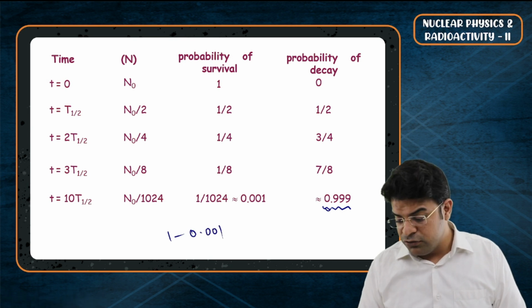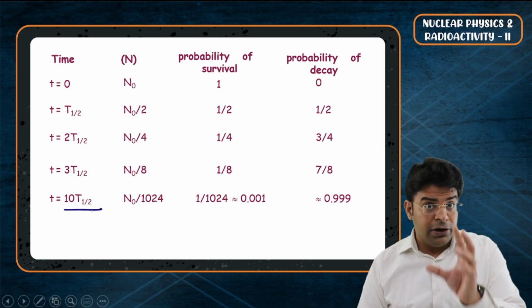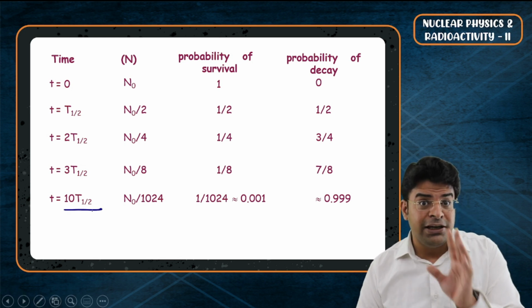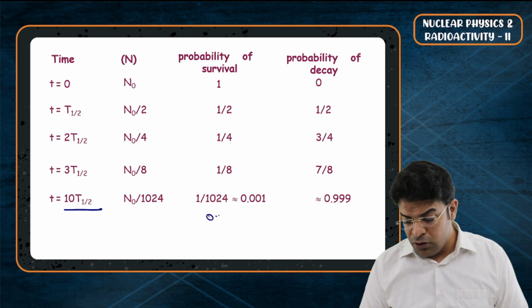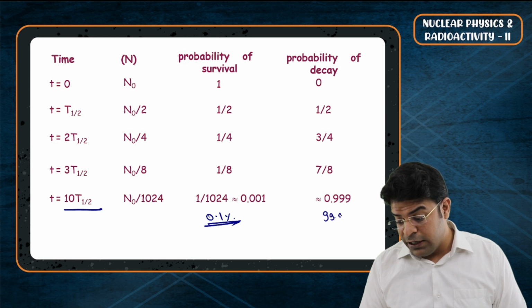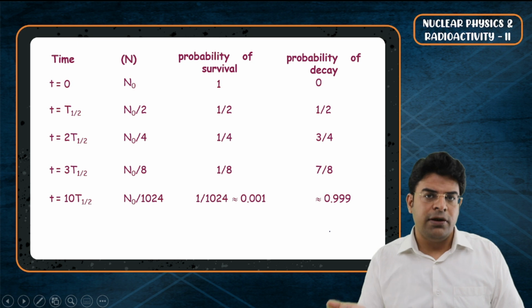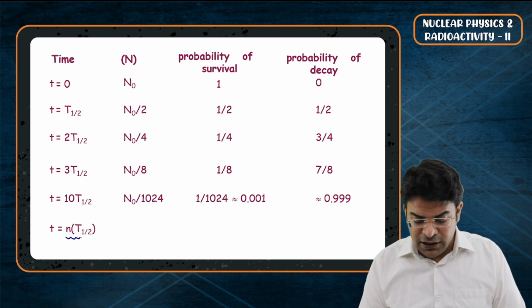So that will give you 0.999. So after 10 half-life, remember this is important. This is asked many a time. Only 0.1% survives and 99.9% get decayed.